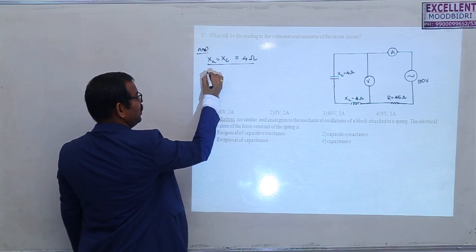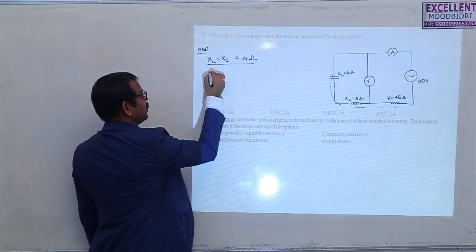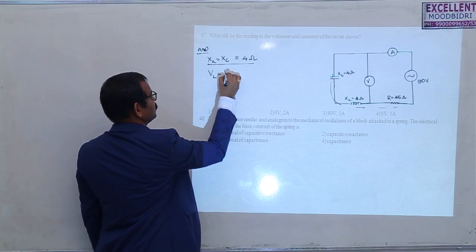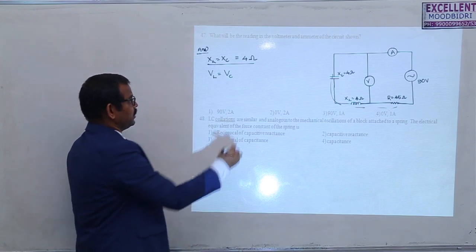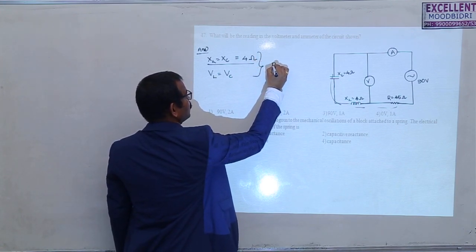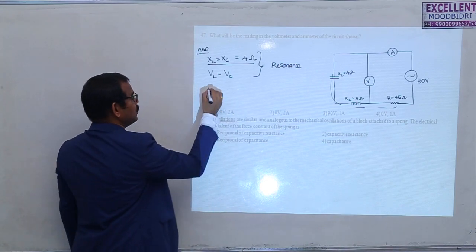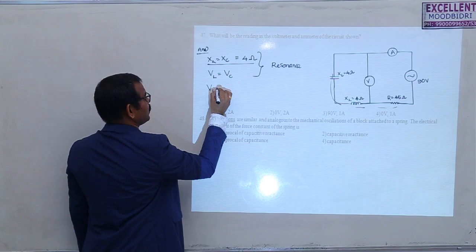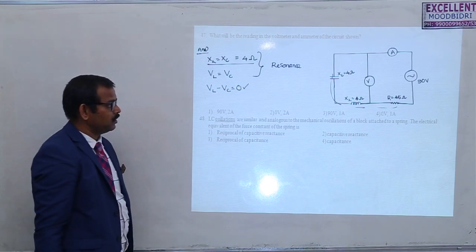When these two are equal, as all three are connected in series, we can say voltage across inductor is equal to voltage across capacitor. If these two are satisfied, the given circuit is in resonance. At resonance, the voltage across inductor is equal to voltage across capacitor. So VL minus VC will be 0.